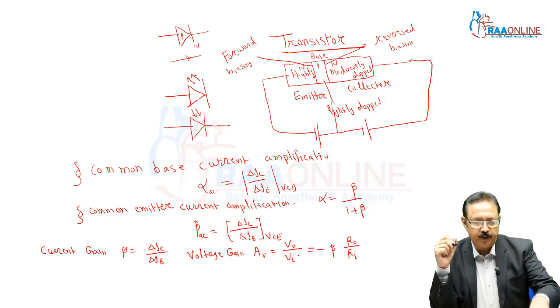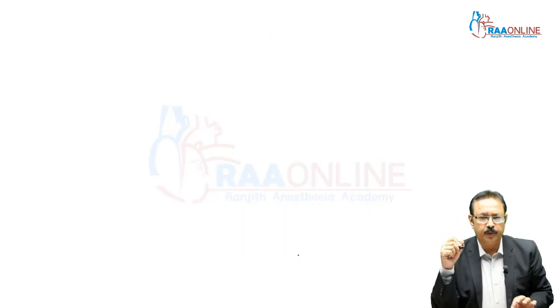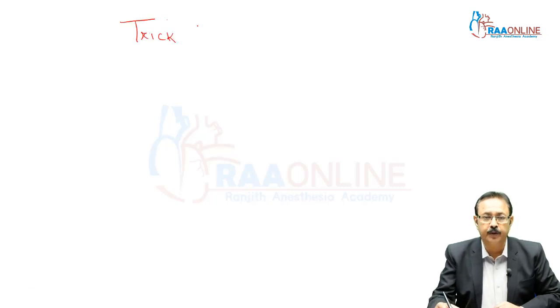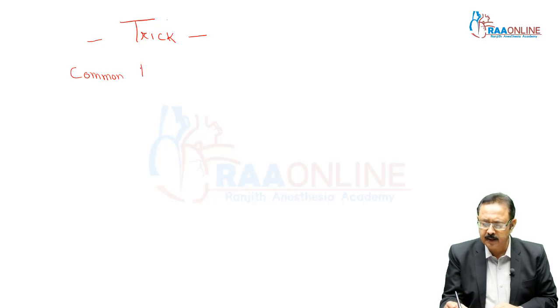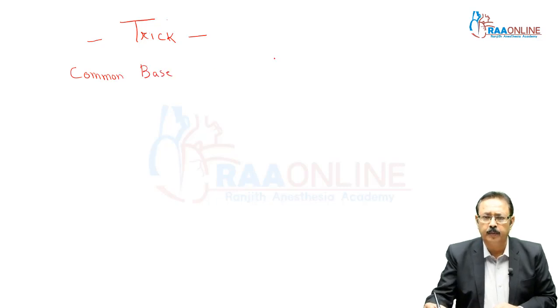So now I am giving you a short trick. No need to remember all results. It is a trick which is very useful for you, because the detailed discussion we have in our theory slides. How to remember? Two types of problem you will get: common base or common emitter.